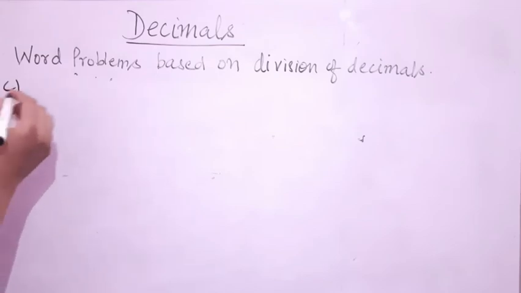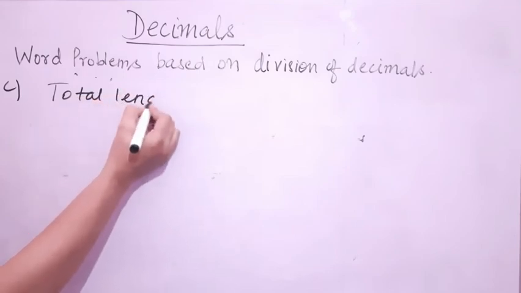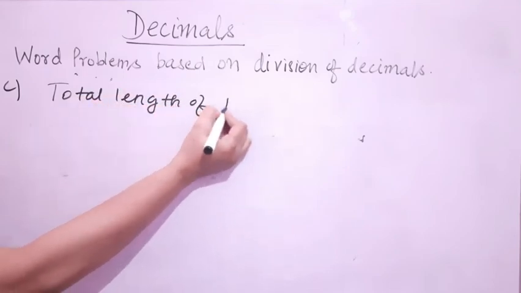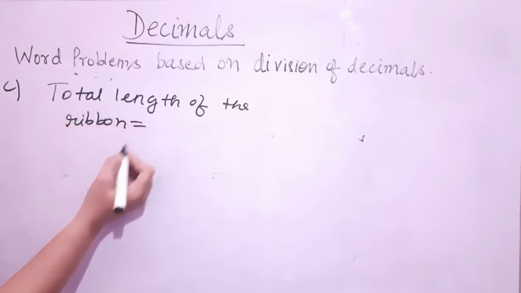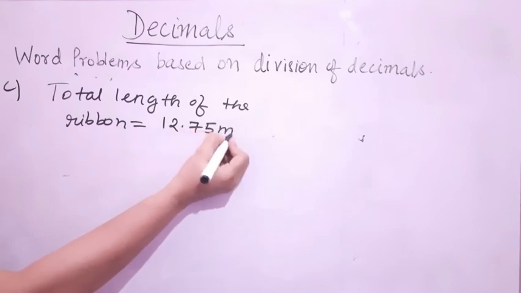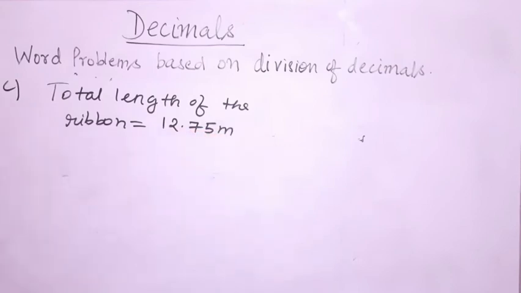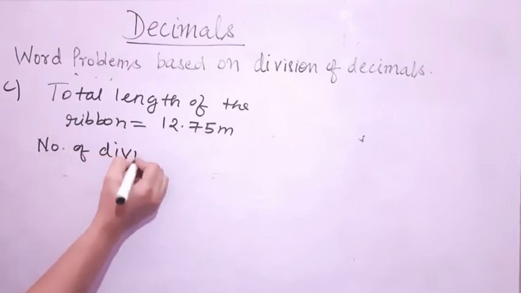So what will be the first statement, students? The first statement would be total length of the ribbon. So what is the total length of the ribbon, students? It is 12.75 meters. Now, in how many parts is it cut? Number of divisions.